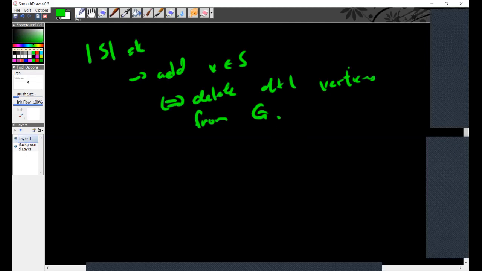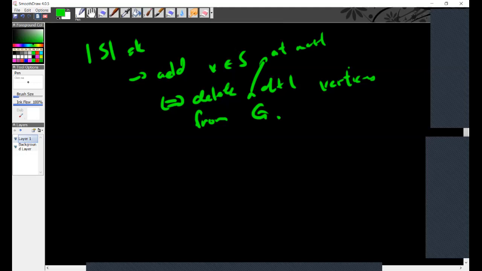When I say delete D plus 1, I mean at most D plus 1, because the max degree is at most D. So you have D neighbors plus yourself to remove from the graph. So you delete at most D plus 1 vertices.